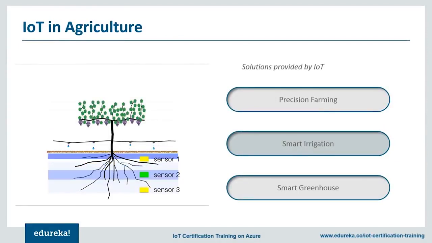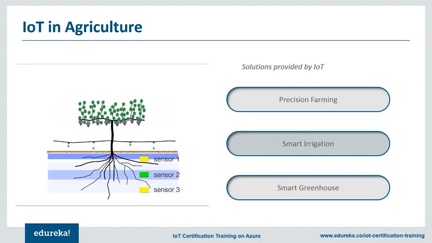Precision farming, smart irrigation, and smart greenhouse are a few to name. The first two cases are pretty similar, as in both cases there are sensors detecting various parameters at each level of the soil. We have moisture content, temperature, and weather conditions. One can tell the correct depth to sow the crops or the right time to water them.